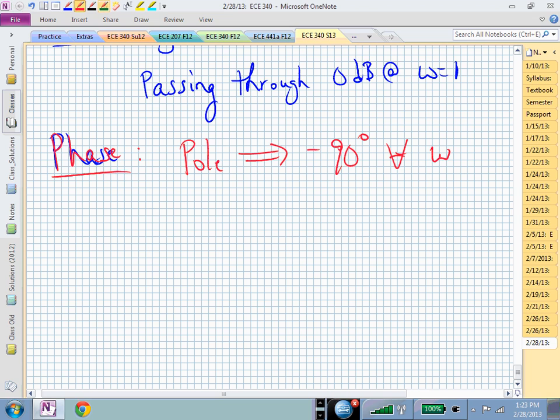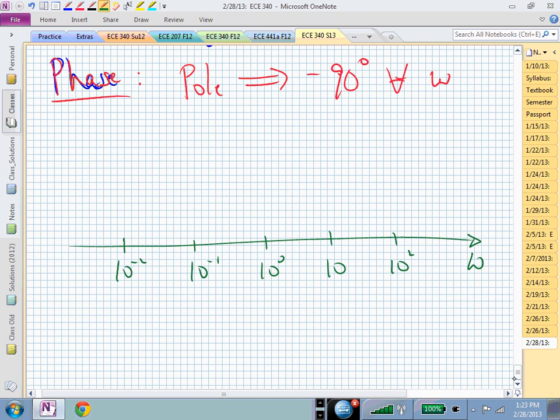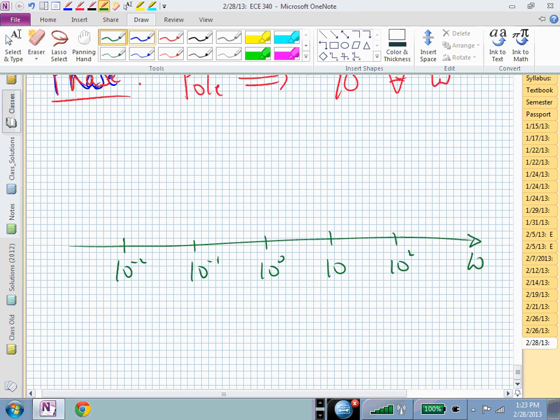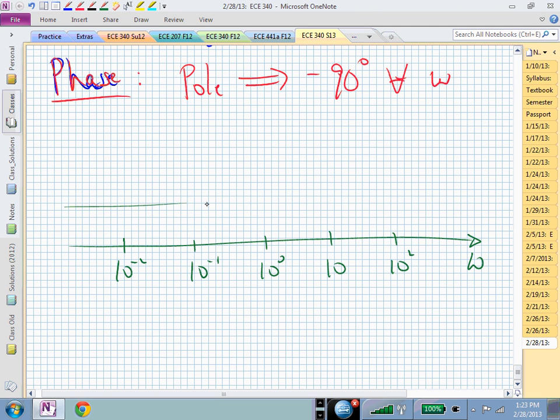And to sketch this, we have our magnitude sketch. We could say, okay, here it is. Here is our independent variable, omega. We have, let's say, 10 to the minus 2, 10 to the minus 1, 10 to 0, 10, 100. And we have the appropriate guidelines.